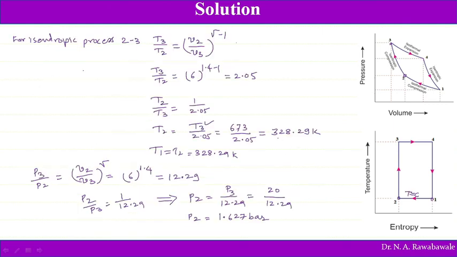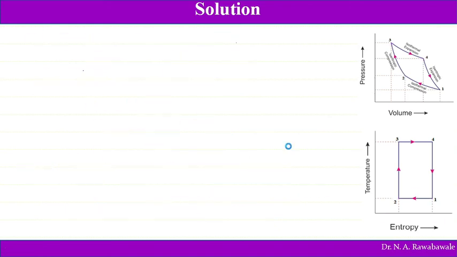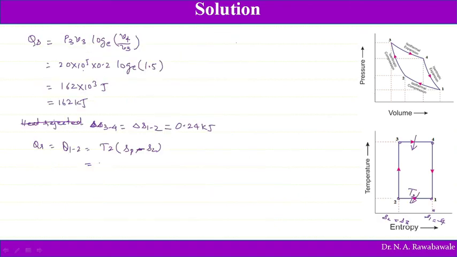Temperature T2 is 328.29 Kelvin, into the change in entropy during process 1 to 2, which is 0.24. On further simplification, we get heat rejected as 78.72 kilojoules per cycle.